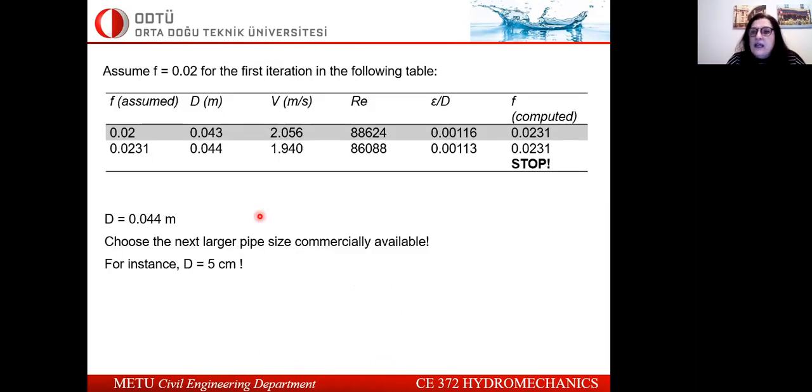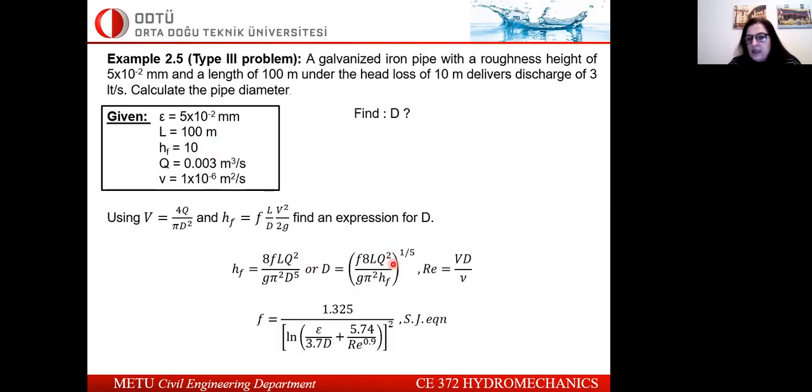So we said, again, we are going to prepare a table. It is really very, very helpful for us. So initial F, this is F assumed only for the first iteration. If you assume 0.02 for the initial F value, just substitute that F into the relation D equal to the constant times F to the power 1 over 5.